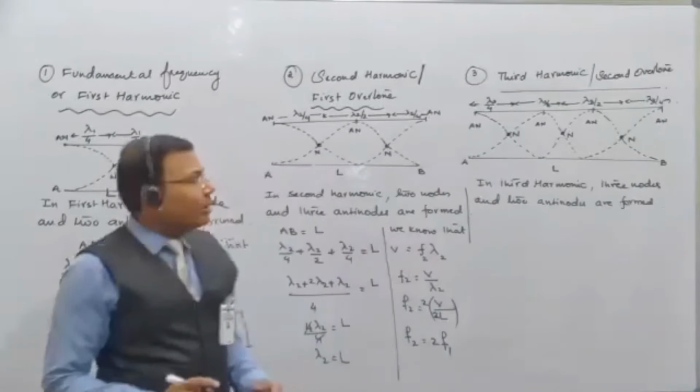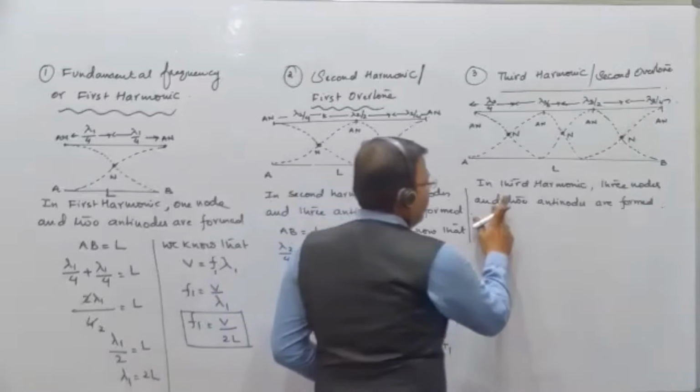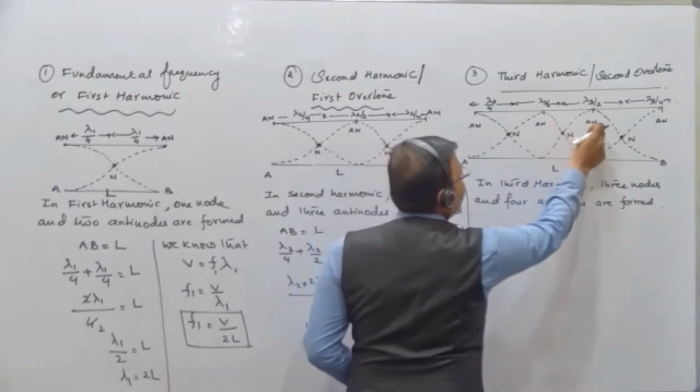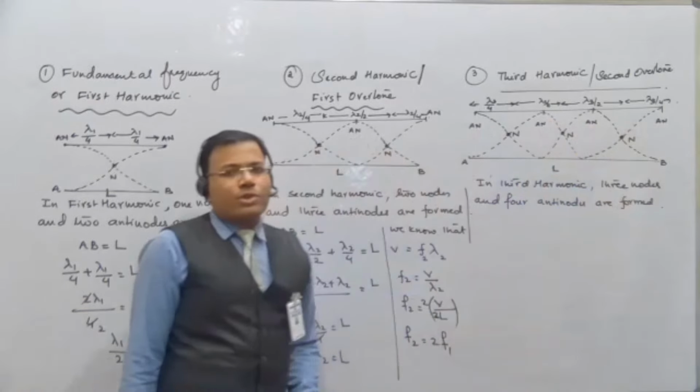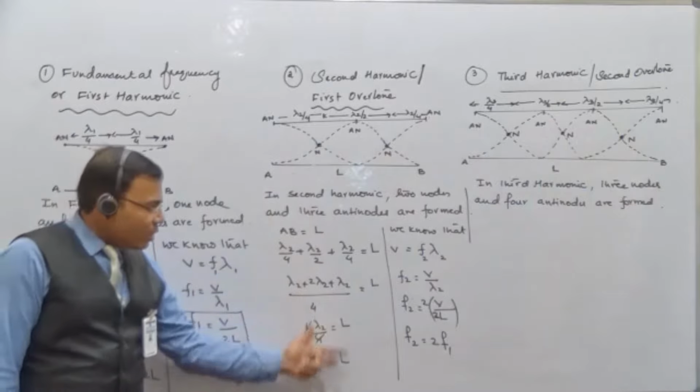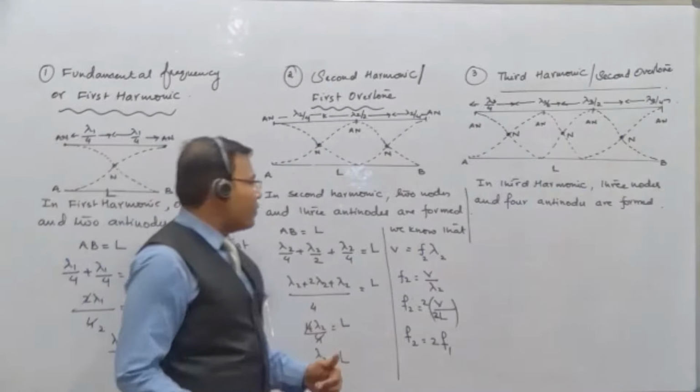This is 4, not 2. 1, 2, 3, 4. Okay, 4 antinodes are formed. 3 nodes and 4 antinodes will be formed. After that, the same process we need to follow, and let us see what we are getting here.